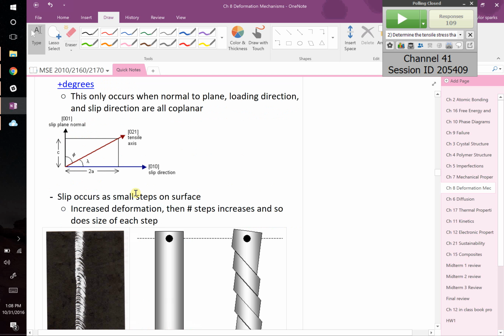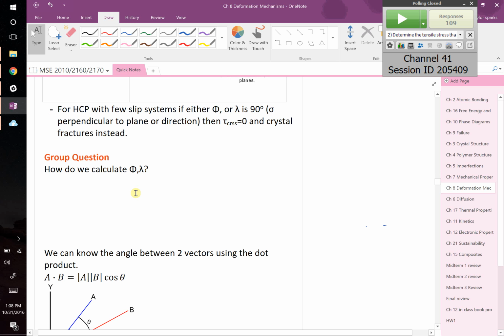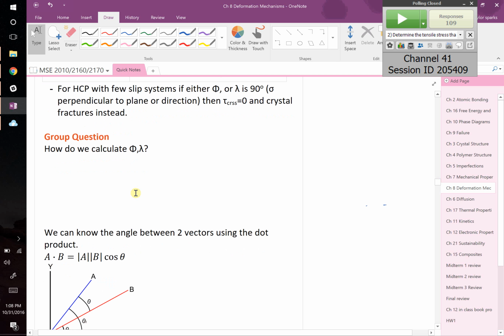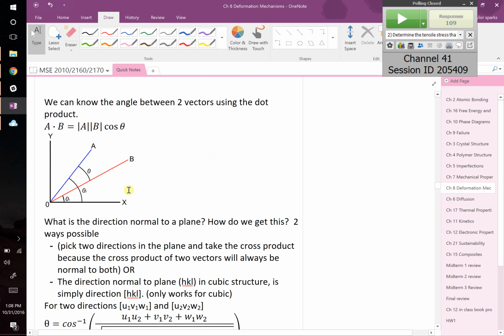Okay, so what we really need to figure out then is how do you calculate these angles? That's what it really comes down to, right? Because ultimately I'm going to tell you that it's loaded along some direction. The slip system is along these planes. How are you actually going to turn that into angles, right? So we know how to calculate these things, and we do so with something that you did back in geometry or trig.